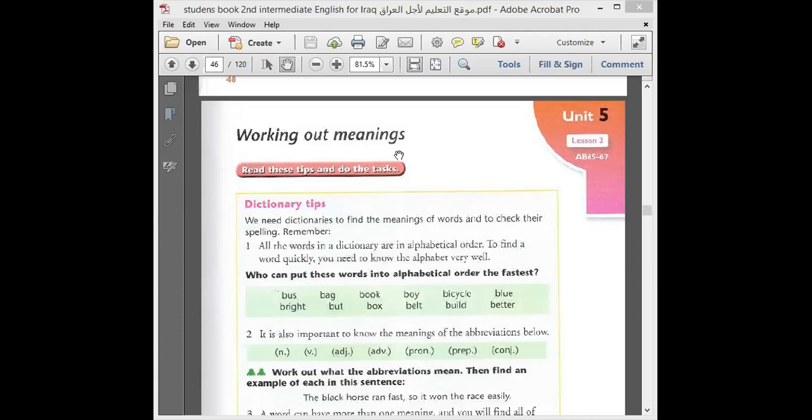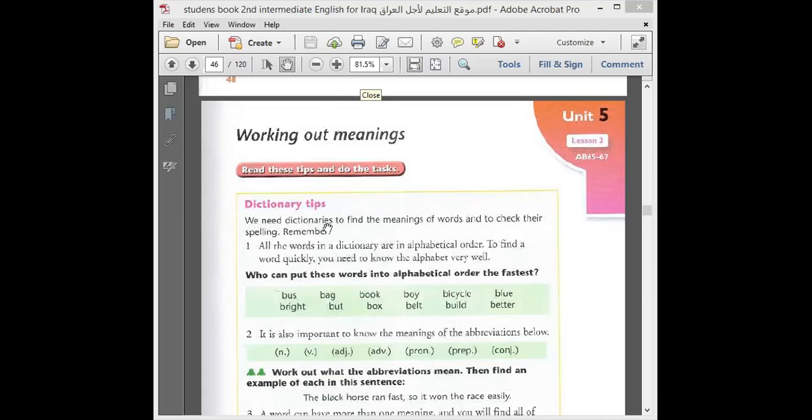So no one wants to read the dictionary tips. Everything is recorded as I told you, and you're going to lose marks, unfortunately, for not participating in this lesson. Okay. I'm going to read them by myself.